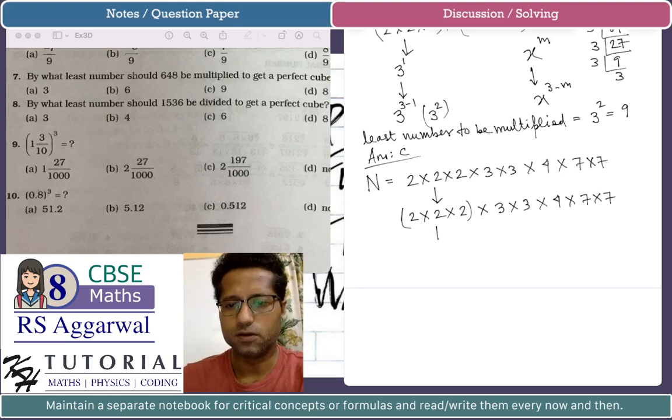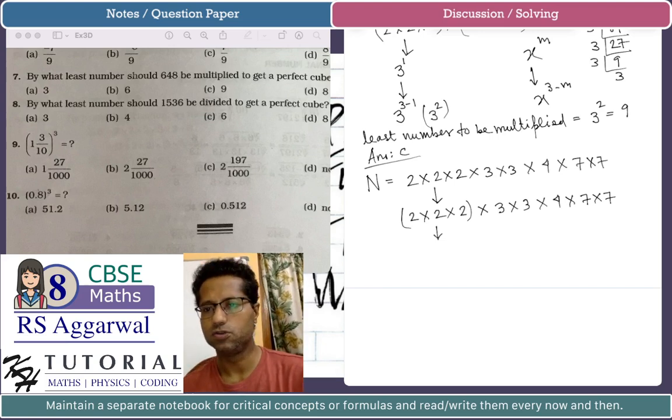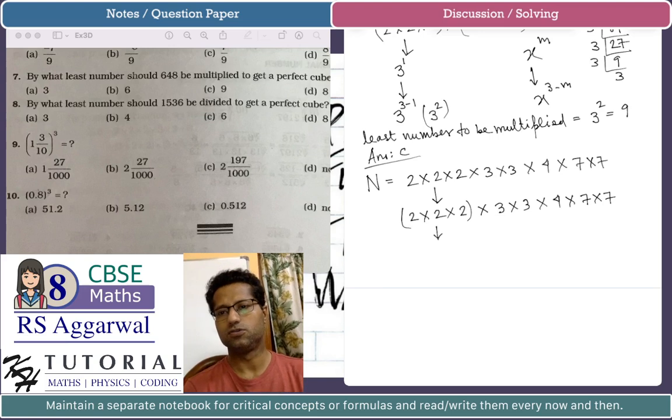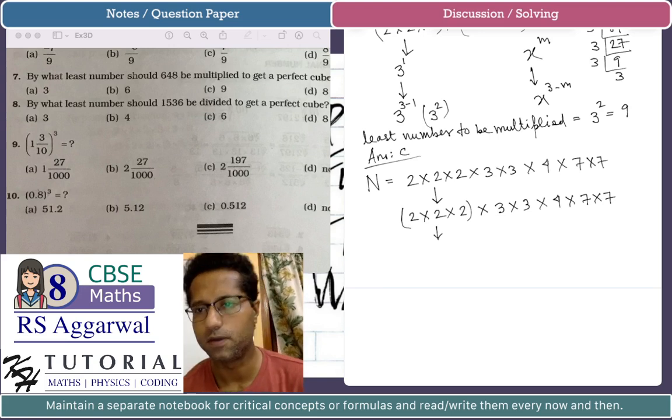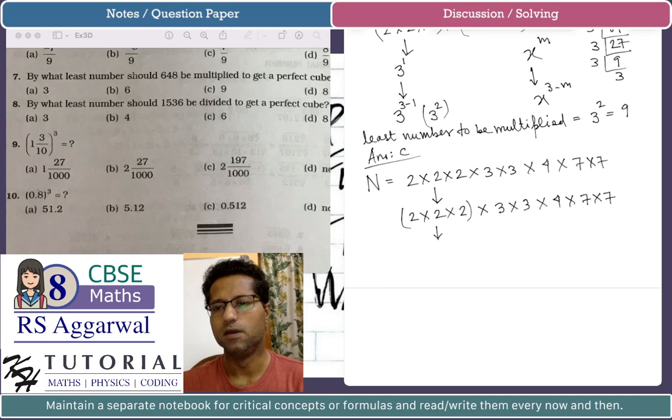So the next step will be to identify all those x to the power m, where x to the power m is not part of any triplet. How will we find x to the power m from the factors which are not part of the triplet?